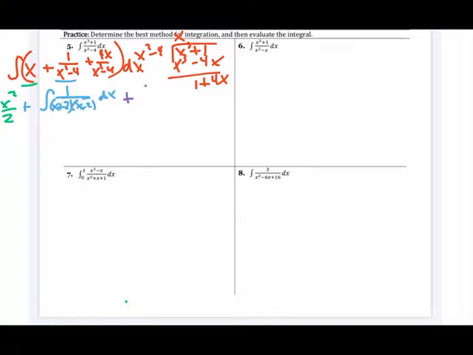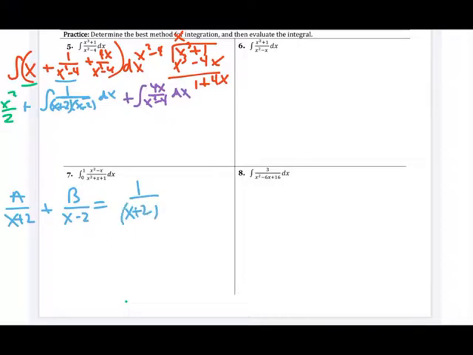And then this purple integral, 4x over x squared minus 4, I think we can just use regular U-substitution there to simplify that portion. So I'm going to come down here and find a and b. I'm going to do the partial fraction work down here. Equals 1 over x plus 2 times x minus 2.